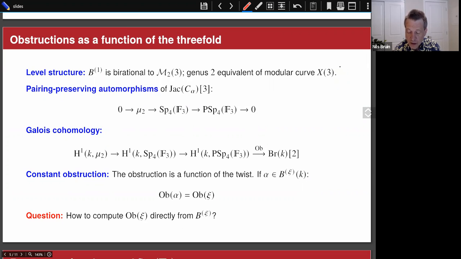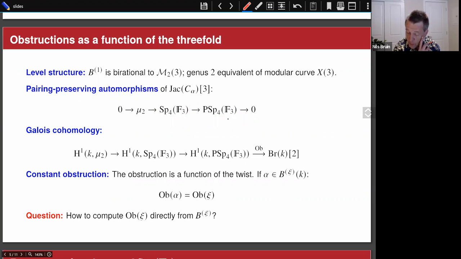Now, if you look at the automorphism groups that play a role there, the pairing preserving automorphisms, there's a Weil pairing on the 3-torsion. The pairing preserving automorphisms form a group SP4F3, and the automorphism group that we found for the Burkhardt is actually a quotient of that by the center.